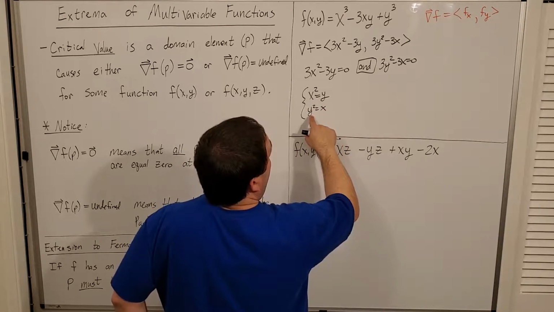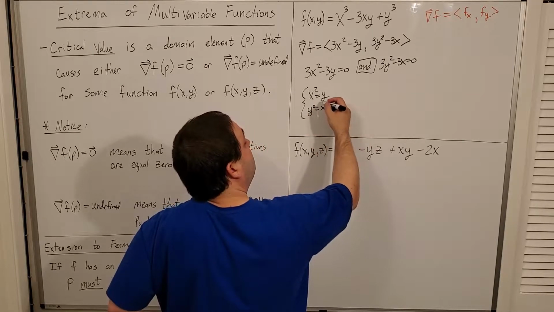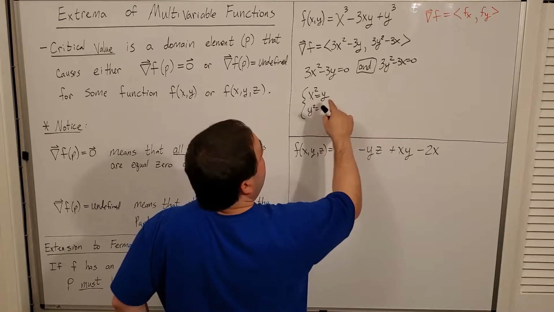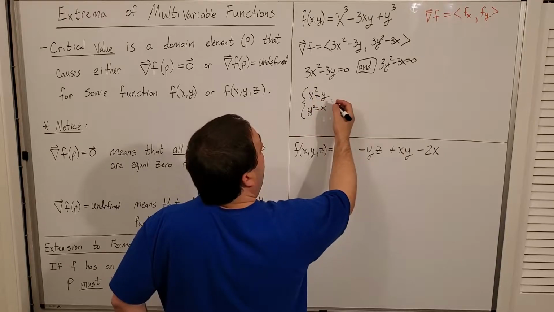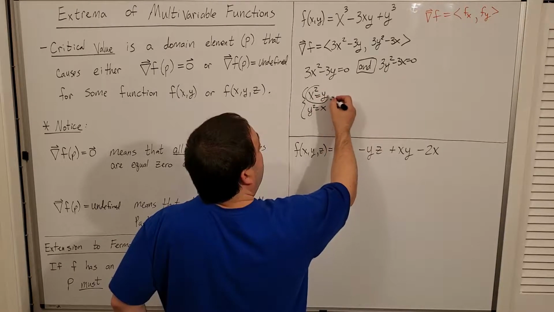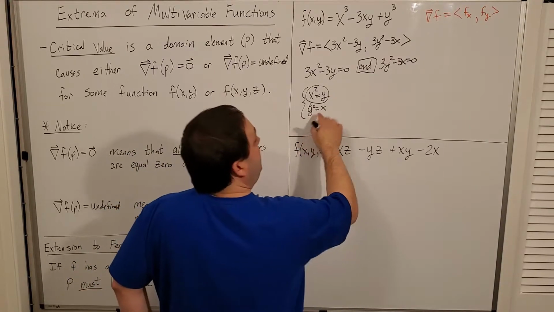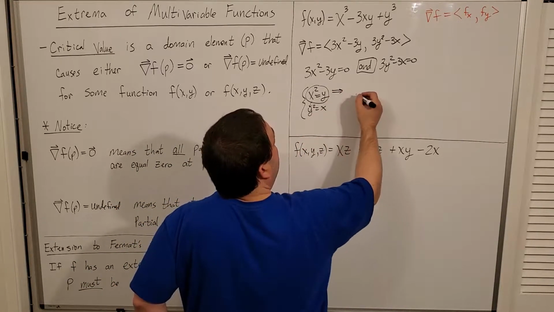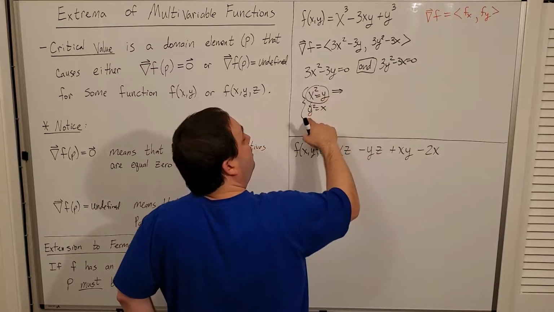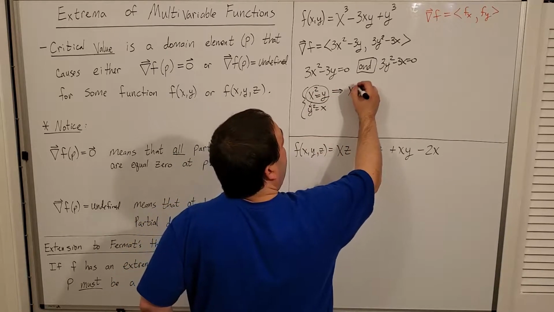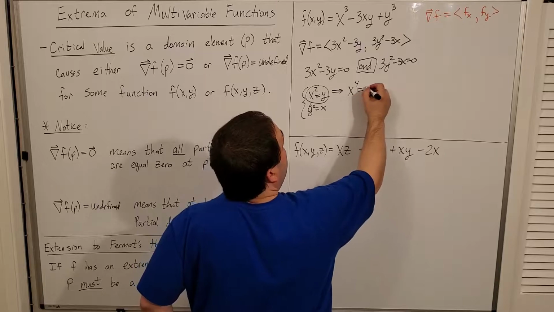So let's do it this way. x squared is equal to y. If I plug that into the other equation, that's going to tell me that x squared squared, or x to the fourth, is equal to x.